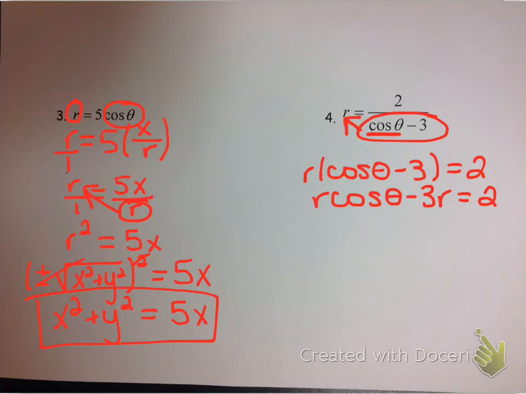And all you have to do in this case for the bare minimum is replace r cosine of theta with its formula, that's x, and then replace r with the plus or minus the square root. You have to have parentheses, because if not, it's going to look like it's 3 plus or minus the square root, not 3 times the positive or negative square root. And so this is technically where you could stop.